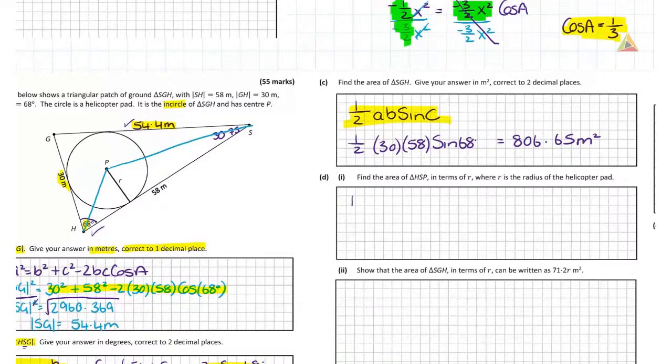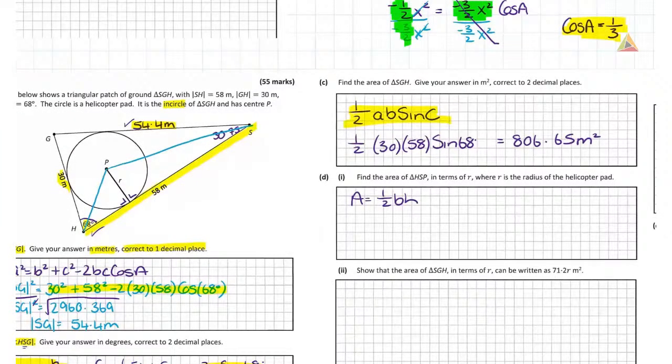So up here in part C, we used our trigonometry area of a triangle formula. But we also had another area of a triangle formula. That was half the base times the perpendicular height. And I'm going to use that straight away here because you'll notice from your diagram, this angle here is a 90-degree angle, because the radius going to the tangent, so there's my tangent, a line touching a circle at one point only, is always perpendicular. It's always 90 degrees.